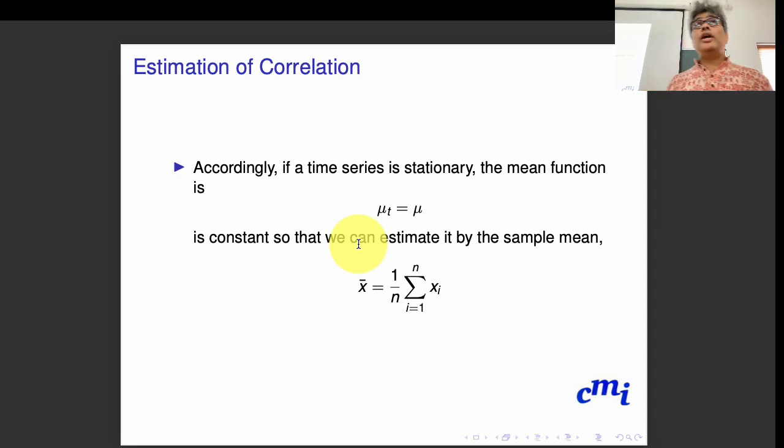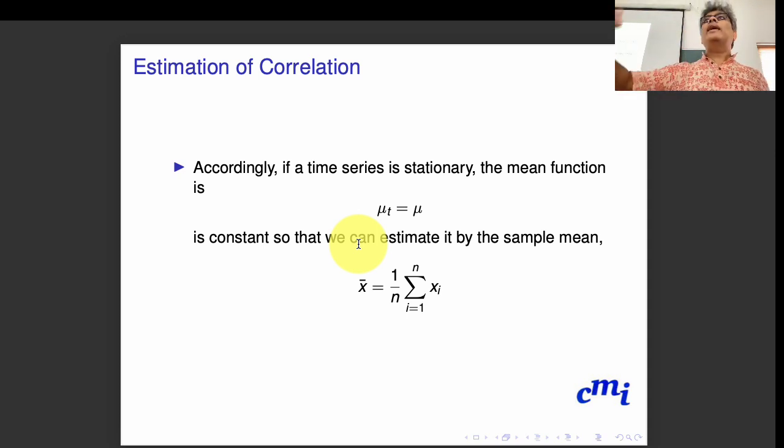Clear? Now you can ask me, is it an unbiased estimator? Most likely not, as far as I remember. Is there statistical consistency? Most likely yes. All these things are there. Those are valid intellectual questions, correct questions, but it is reasonable to use x bar to estimate mu if my series is stationary, because by definition, if my series is stationary, then mu_t is the constant mu.